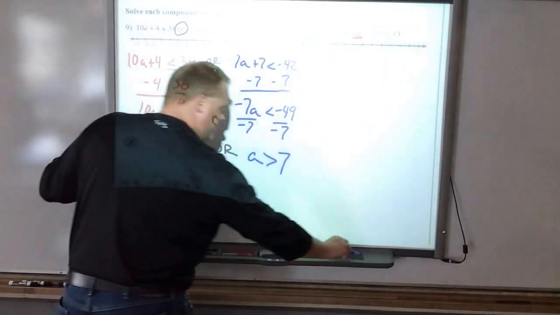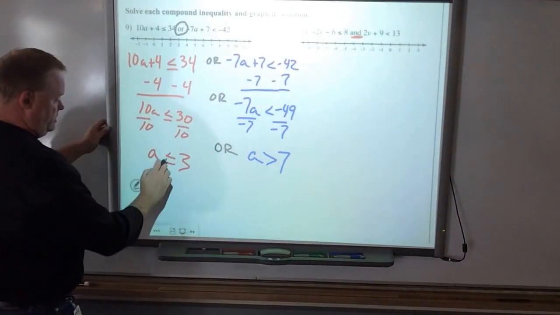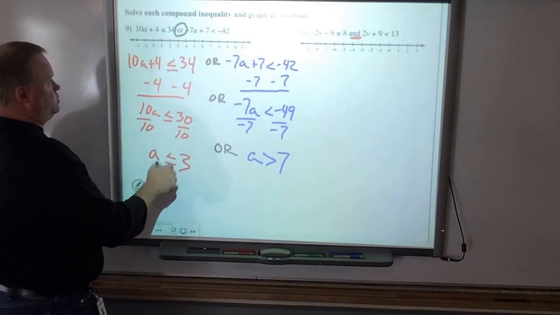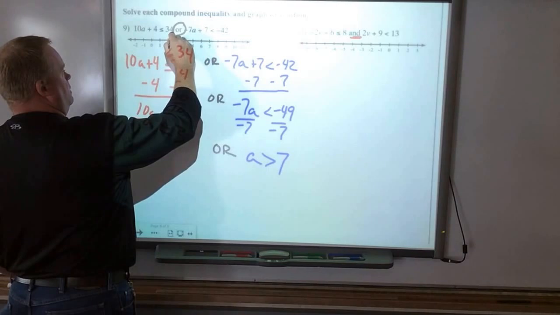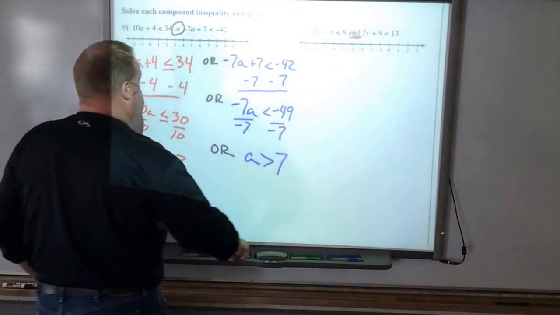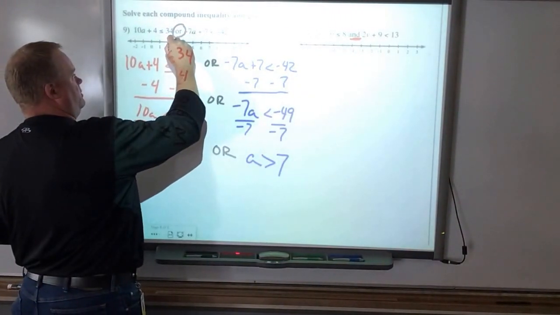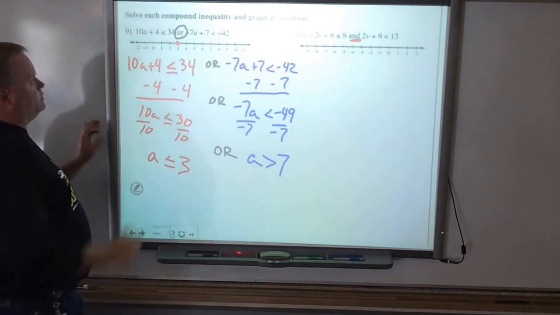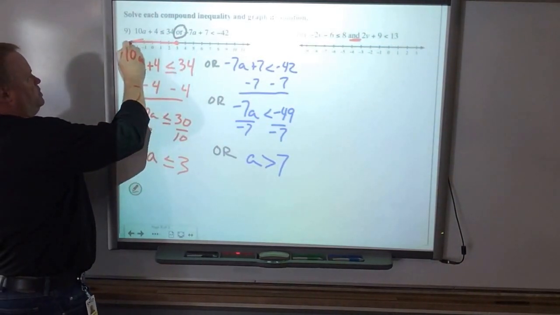So I go to graph this. First thing I notice is that this one is less than or equal to 3. I want to do that in red so you can see the same color. So it's a solid circle, and it's less than or equal to, so I'm going this direction.